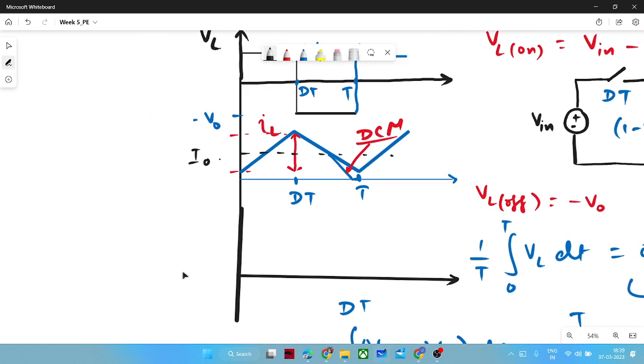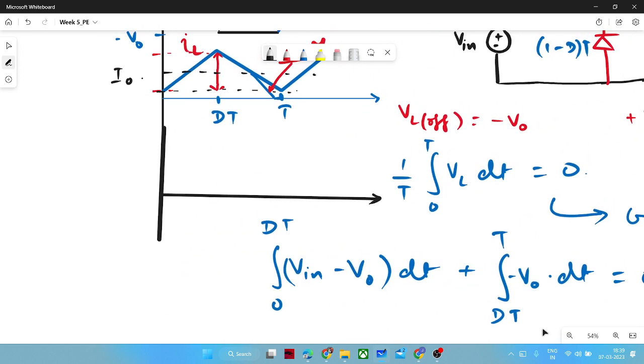And from this triangle also you can compute the value of IL. First you take this reference, and after that it will be the area of this triangle divided by the time period. That will give you the average value of the inductor current.